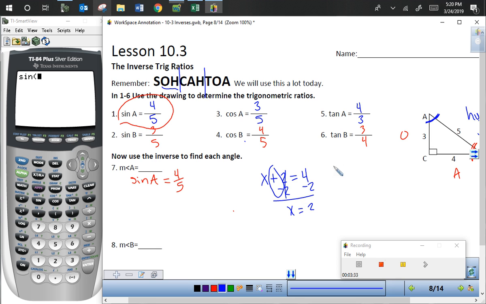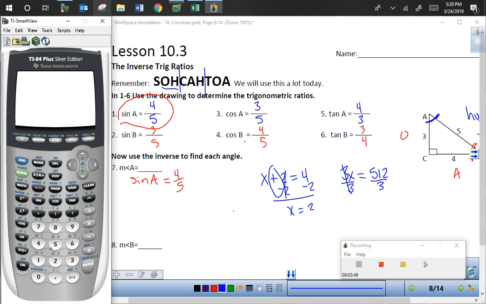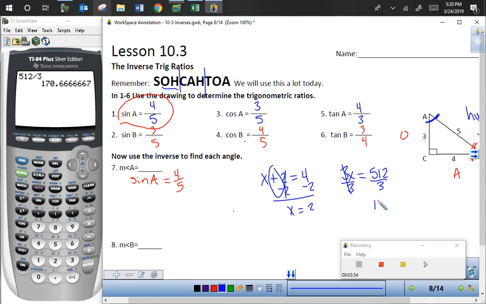Very similarly, we can say 3x equals 512. This is 3 times x, so we divide by 3. Now on this side, it may not be as easy to solve without a calculator, so we type it in. We just take 512 divided by 3, giving us 170.6 repeating for our x.